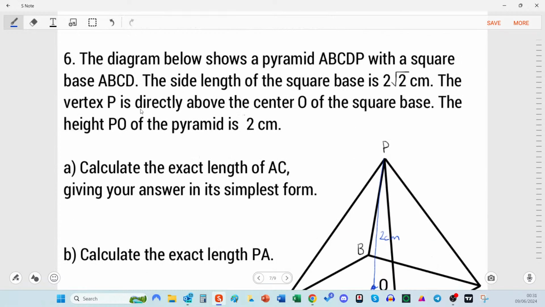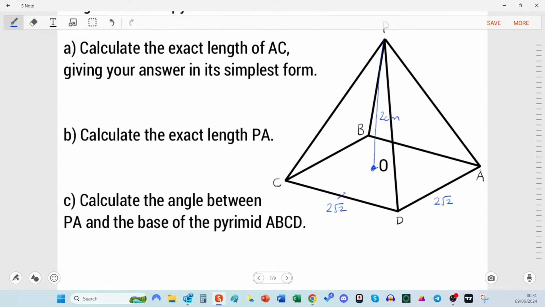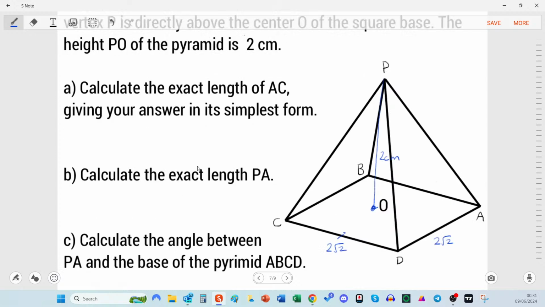Calculate the exact length of AC, giving your answer in its simplest form. So AC is across here. This should go to that point. So AC is just about this triangle on the base here, which is Pythagoras.